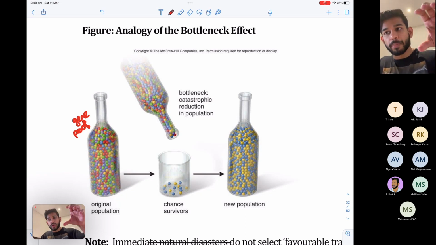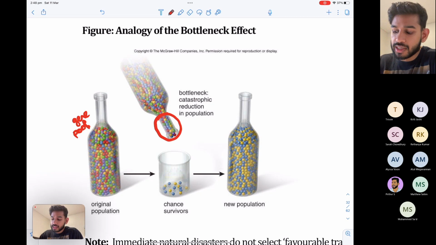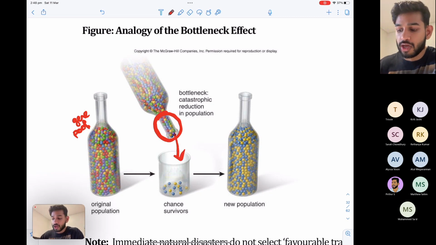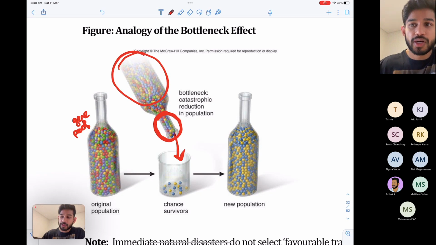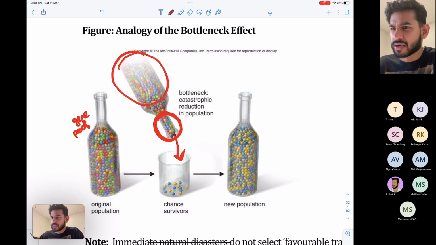Now, when you pour a bottle, the balls at the neck of the bottle will pass down, but the balls at the body of the bottle will not, right? And which marbles were at the top of the bottleneck versus which marbles were at the base is just completely random, right?